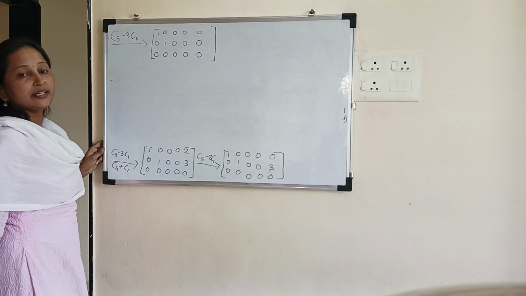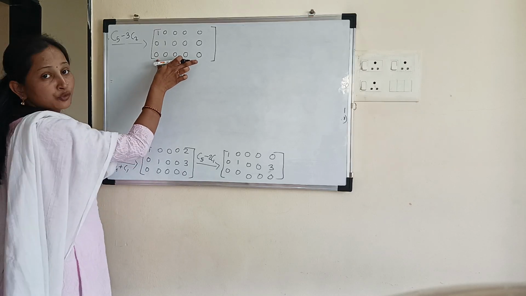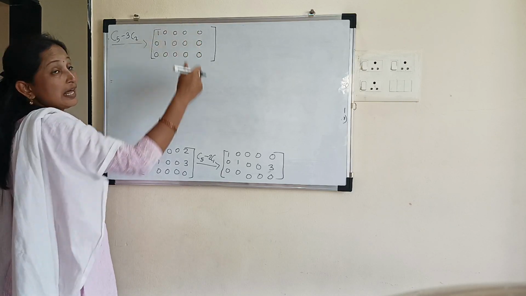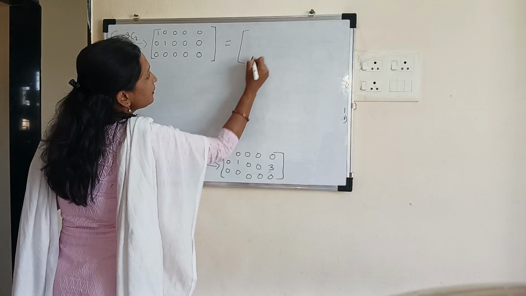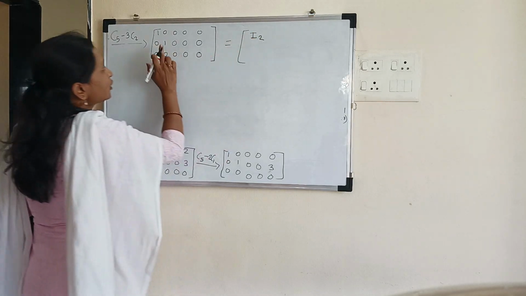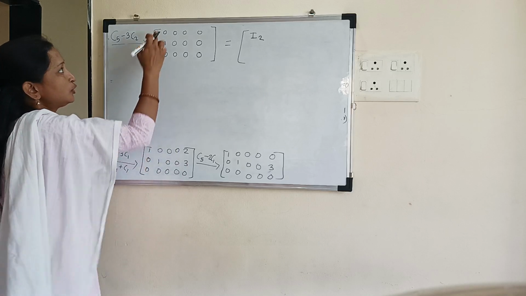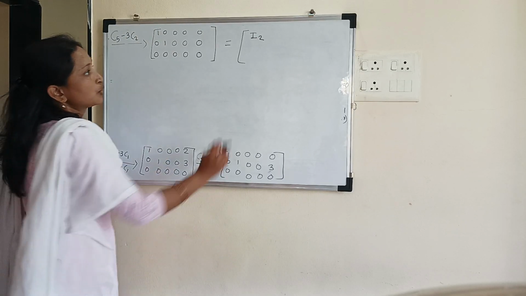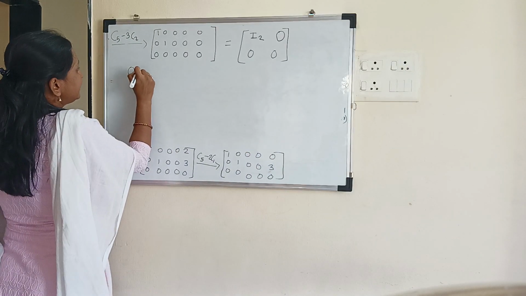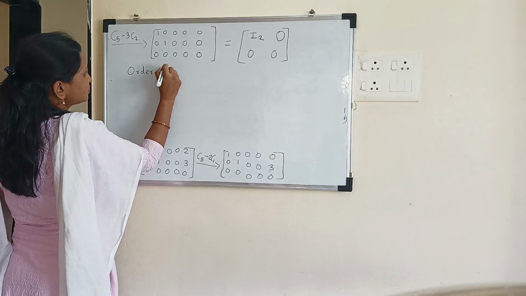Now you can observe that here you have the last row 0, the last 3 columns 0, and you have an identity matrix here. So this is of the type I2. What is the order of the identity matrix? It is 2. You have a 2 by 2 identity matrix at the starting of the matrix. So the order of the identity matrix is 2.